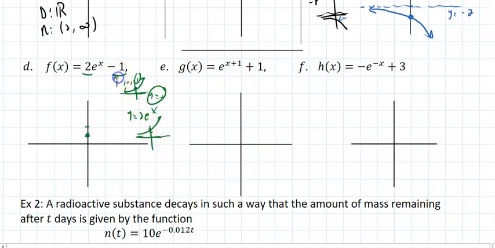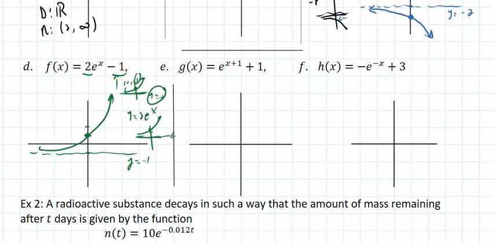The negative 1 will shift the graph 1 unit down. y equals 0 shifted 1 unit down will be y equals negative 1. And the point (0, 2) shifted 1 unit down will be (0, 1). And I'm looking at an exponential growth. So if you marked it like I did, you don't have to really tell me what that is. I provide the grid on the exam, so all you have to do is make sure that if you scale it differently, you tell me. Otherwise, just mark it right on the point. Or if you want to be certain, just label it.